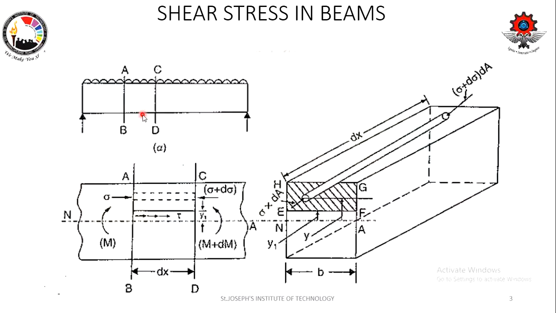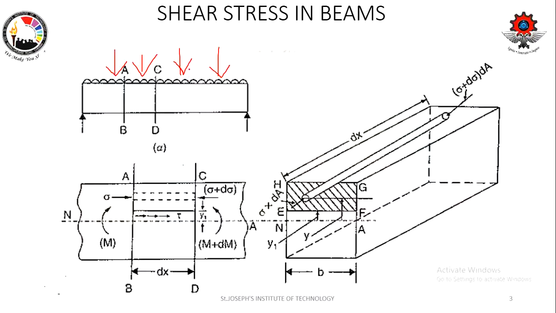So as I told you in the previous explanation, the shear stress is acting in the transverse direction. The load is always acting in the transverse direction, right? Whenever you take a beam, the load is acting in a transverse direction.